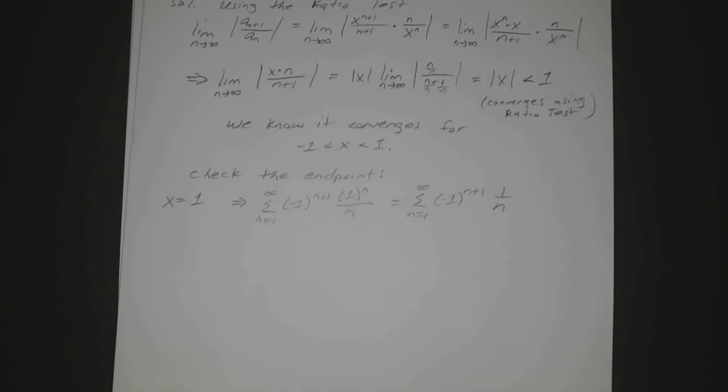Okay. So because of that negative 1 to the n plus 1, we can't just use the p-series, which would be a whole lot easier. So we have to use the alternating series test.